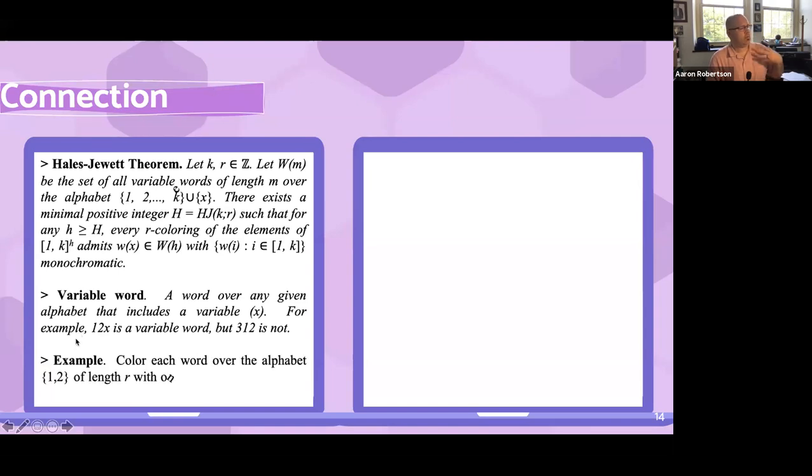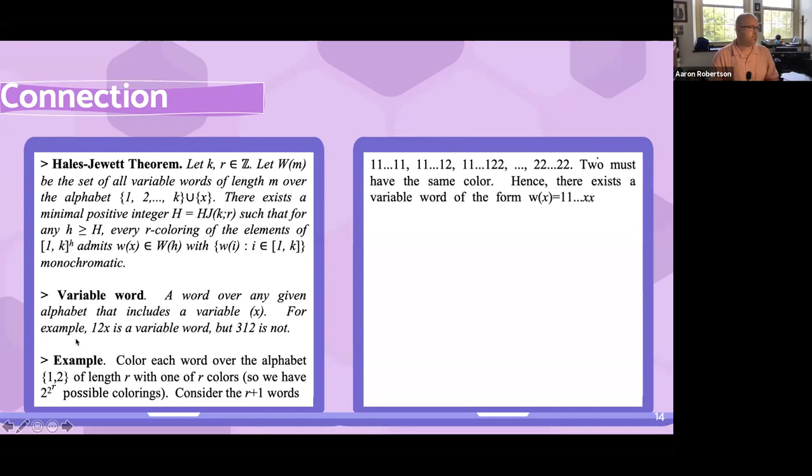For example, if we look at the easiest case of this, the word alphabet is 1, 2, length is R, and I'm using R colors. If I consider just these R+1 words at the top, the pigeonhole principle says I have at least 2 of the same color.